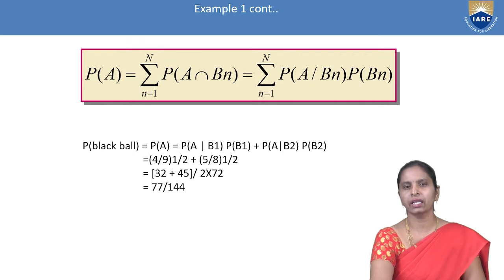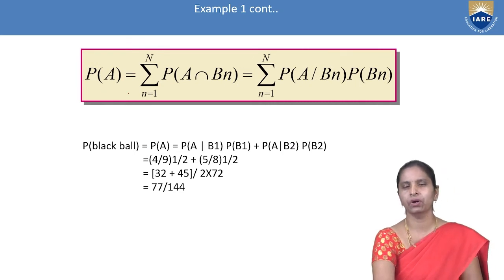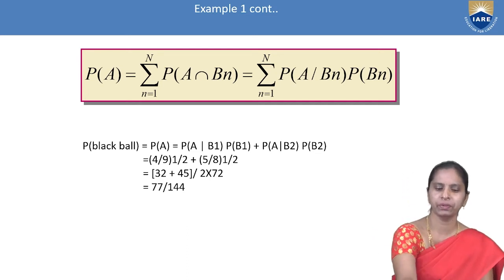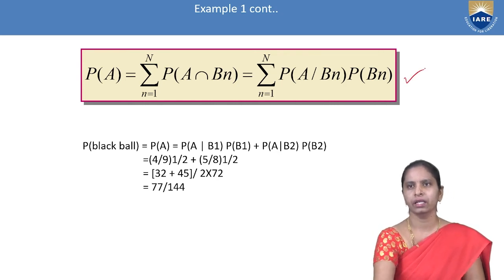Now, what do I have to calculate? I have to calculate the probability of drawing a black ball, either from bag 1 or bag 2, I don't know which. It is an unknown event. So, you have to use the total probability theorem. How can I find P of A? This is the total probability theorem: sigma n equals 1 to N of P of A given Bn into P of Bn.